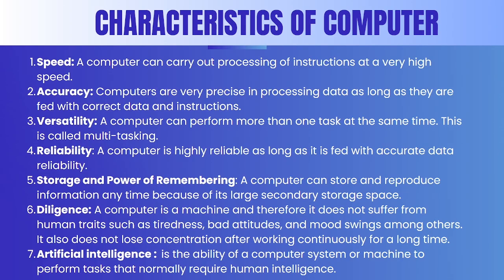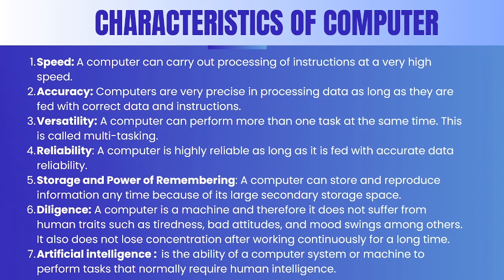Number 6. Diligence. A computer is a machine, and therefore it does not suffer from human traits such as tiredness, bad attitudes, and mood swings. It also does not lose concentration after working continuously for a long time.